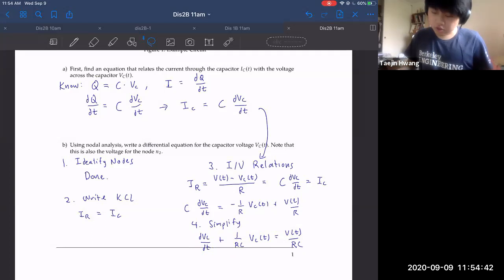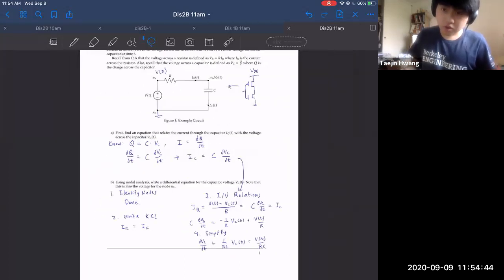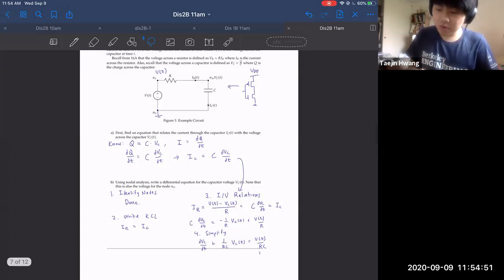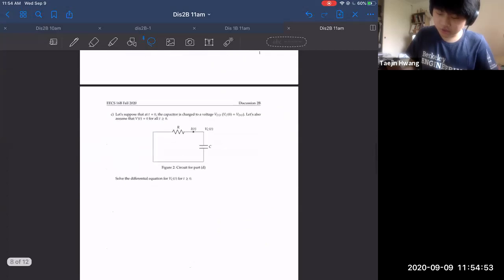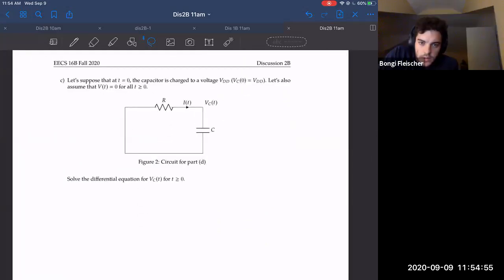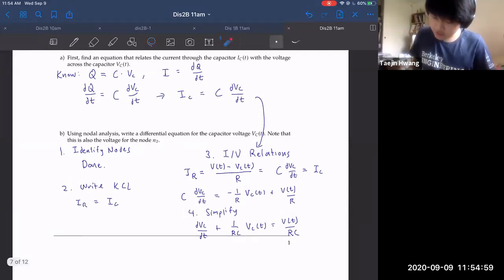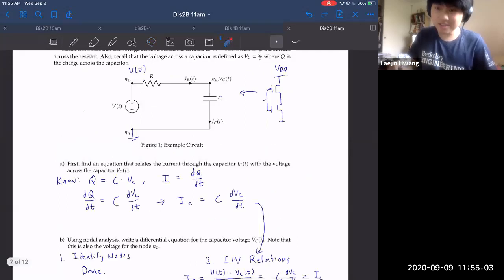All right, some of you are still copying this down, but I will be posting slides after as well. Sorry, when you say RC there, what are you referring to? Just the product of the resistor R and the capacitor C. Okay.